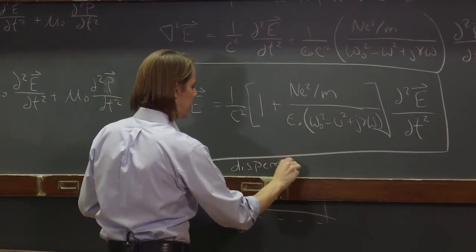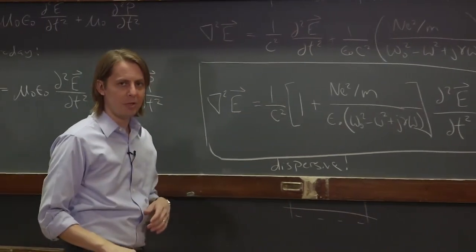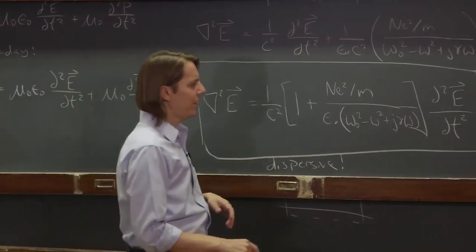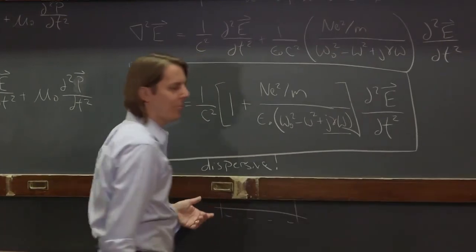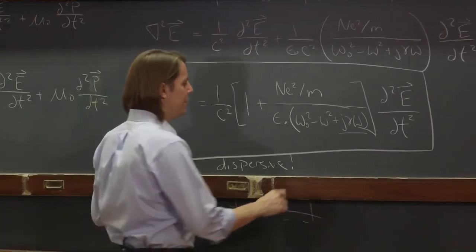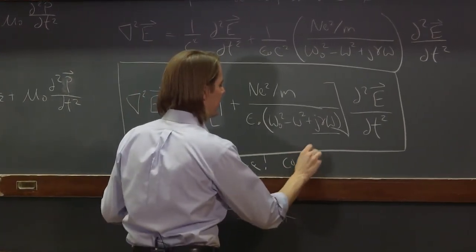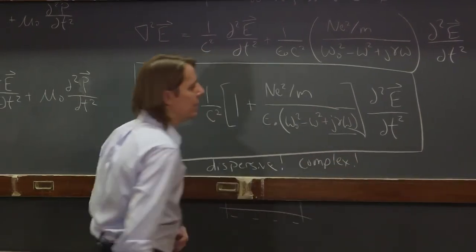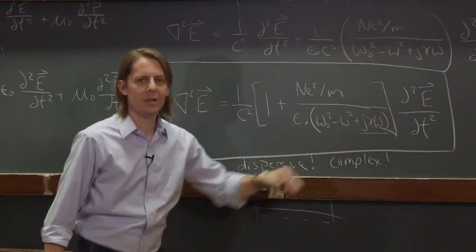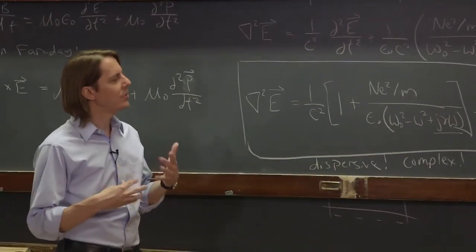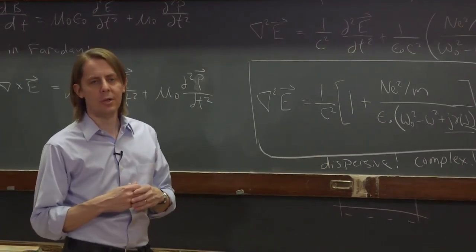The speed is not constant, the speed depends on frequency. And another thing, suddenly, is it's complex. We could think of the speed as complex because it has an imaginary part built into it. So now we can see what does that do to the waves.